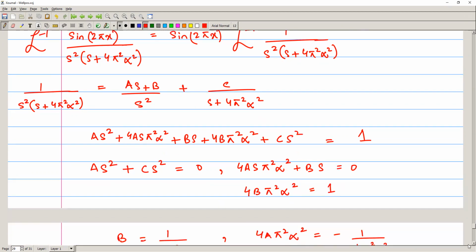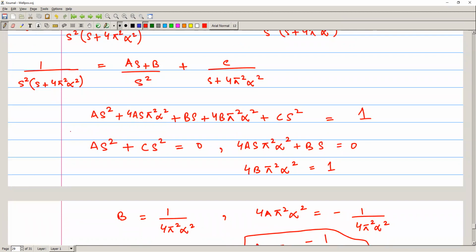So by using partial fractions, we will find a, b, and c respectively, and then substitute back in this equation. So here we found as squared plus 4as pi squared alpha squared plus bs plus 4b pi squared alpha squared plus cs squared equals 1, right? So by taking the LCM, the LCM will cancel with this one here.